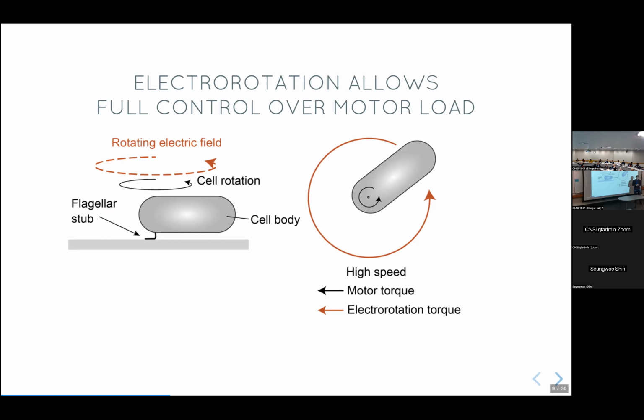How do you know that you're not acting a torque on the motor? So you're applying this electrorotation to the cell. Does it have any effect on the motor? It has an effect on the motor in the sense that it's lowering the load. Yeah, but I meant a more direct effect. Like you mentioned that you're inducing a dipole, so maybe you could make a length scale argument, a separation of scales.